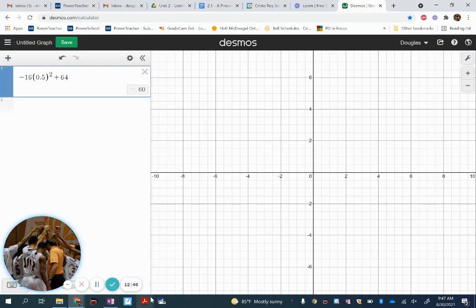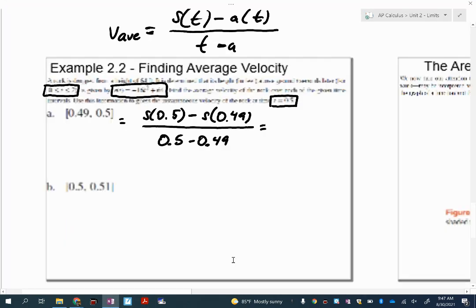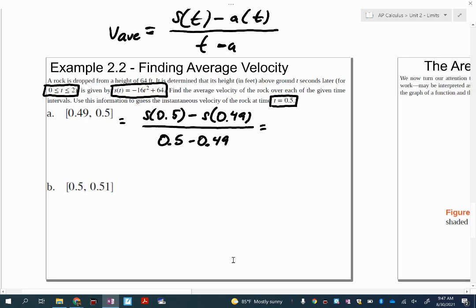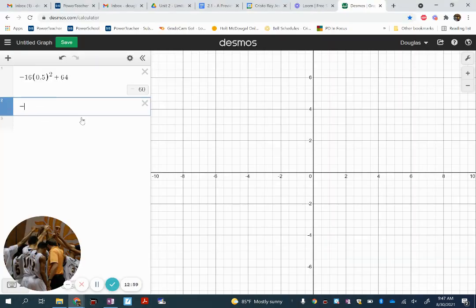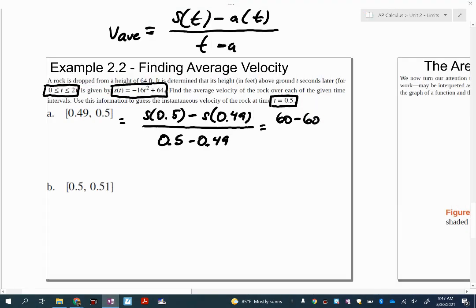So that one is 60. That is our position here, 60, minus, now we're going to plug in 0.49 for t. That's going to be 60.1584. And that's all over 0.01.